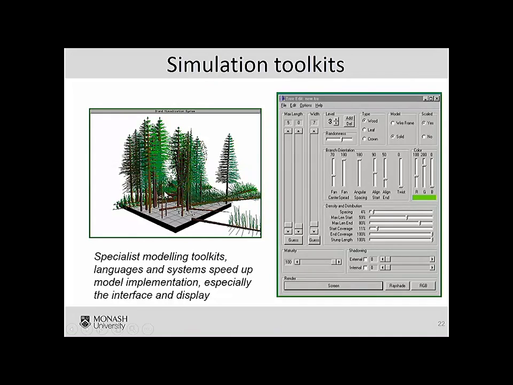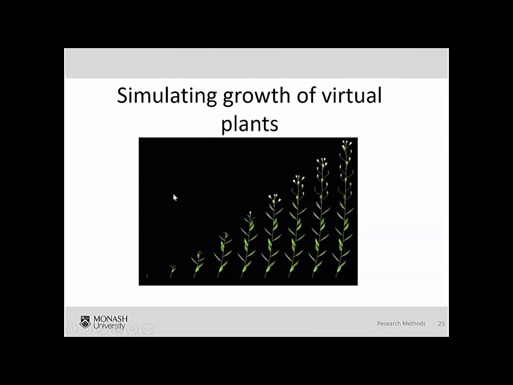So here we might have a simulator for virtual growth of plants. You can see a model showing how plants grow over time, and at some point they reach a point where they can bud and produce flowers, etc.